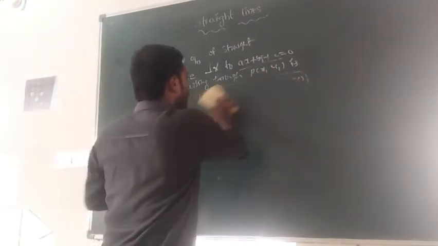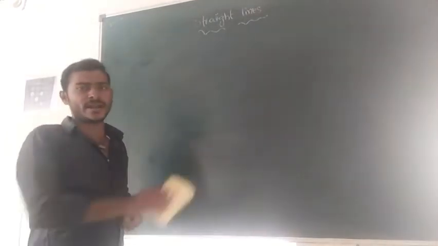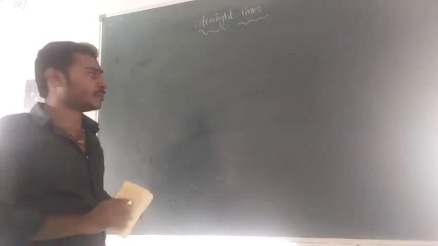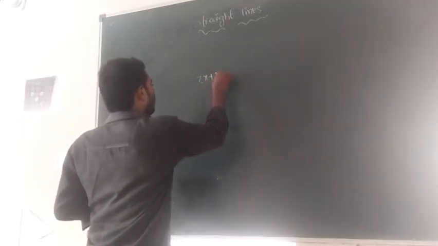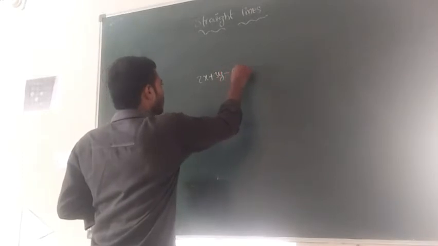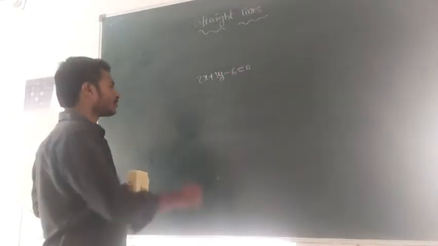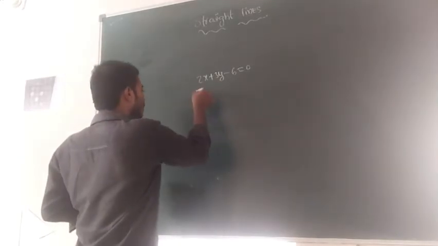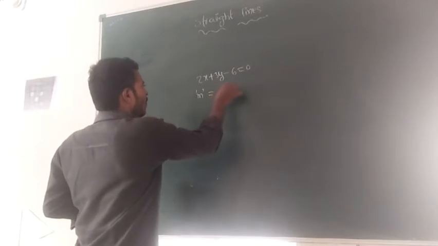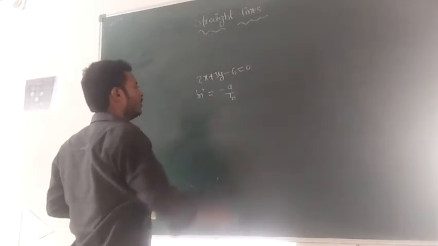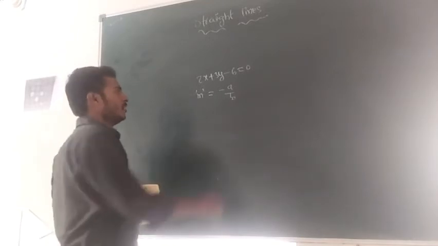Now, depending on perpendicular and parallel straight lines, we may take one example. Suppose 2x plus 3y minus 6 equals 0 is a straight line. We know that the slope is minus a by b.